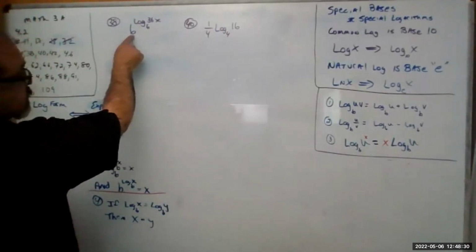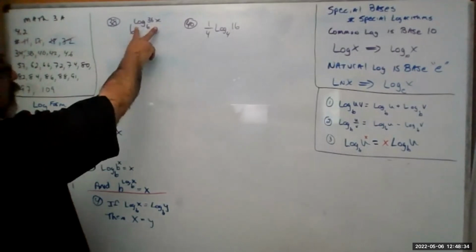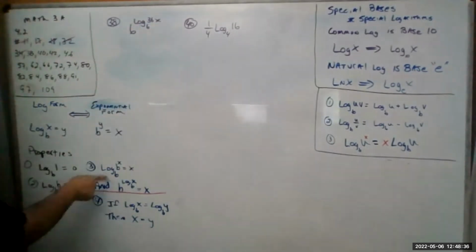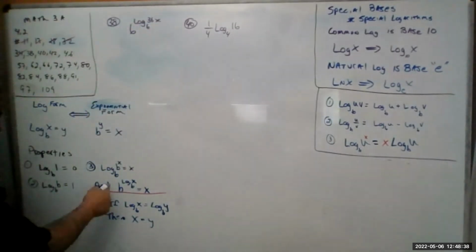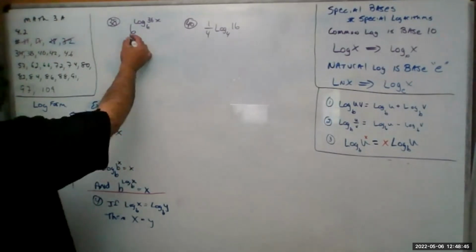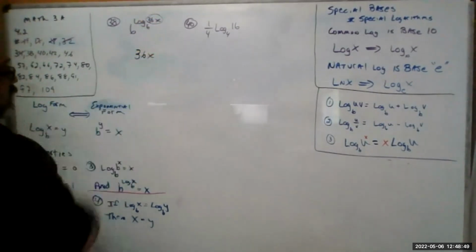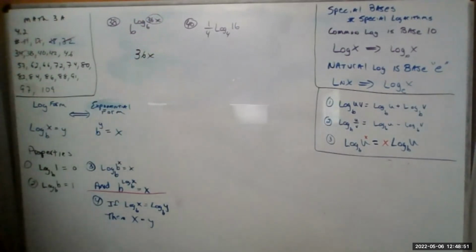That's a 6, a logarithm's base 6. So you have an exponent base 6 to a log base 6. It's the property number 3 down here. If the base of the exponent is the same as the logarithm that you're raising it to, they undo each other. So the answer is just 36 times x. That's all that pops out. It undoes that log base 6 up there.